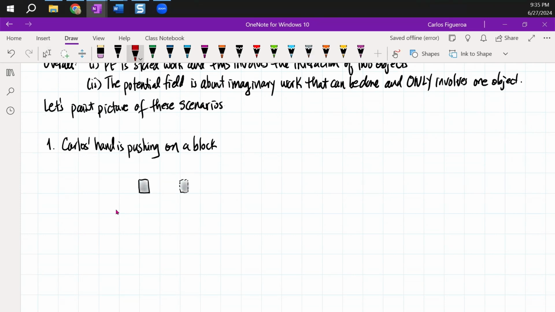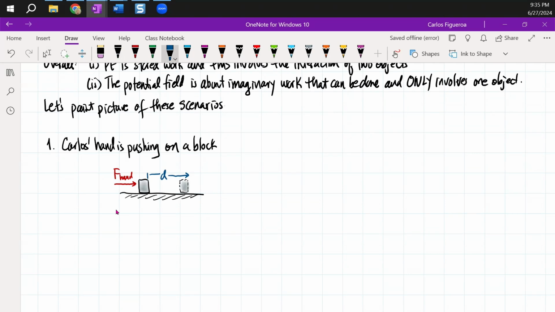So what I'm doing here is that I'm applying a force with my hand on the object, and then I'm going to move this thing a certain distance, let's say that amount right there.